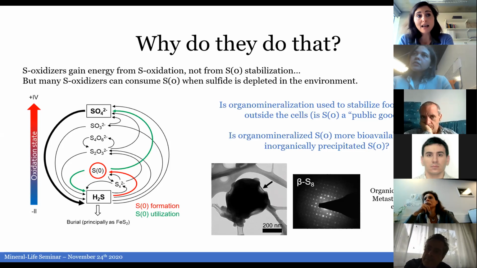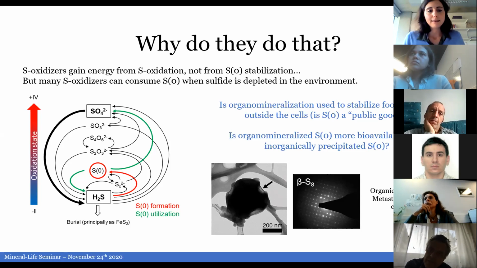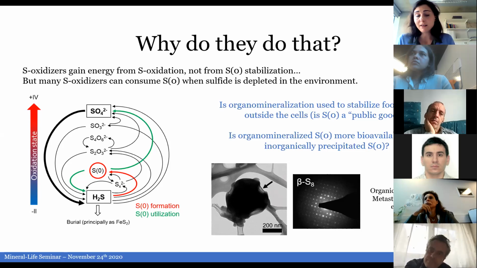So I think we are the first ones really to try to characterize the structure of extracellular sulfur, so there's not a ton of data. There's a lot of data on intracellular sulfur, and they found that it's either alpha or it's amorphous sulfur. People even describe it as liquid-like sulfur, which doesn't really make sense, but it's an amorphous solid of S8 rings. I don't know any evidence of beta or gamma sulfur inside cells.